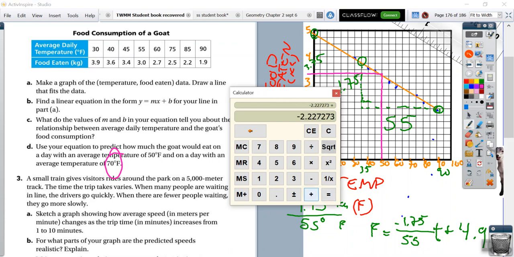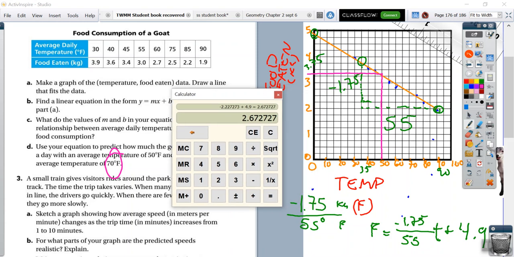And then we're going to add it to our 4.9. And so at 70 degrees, it would be about 2.7. Let's see. Yep, that's right at 2.7. So our equation works. Look at that. Winner, winner, chicken dinner.